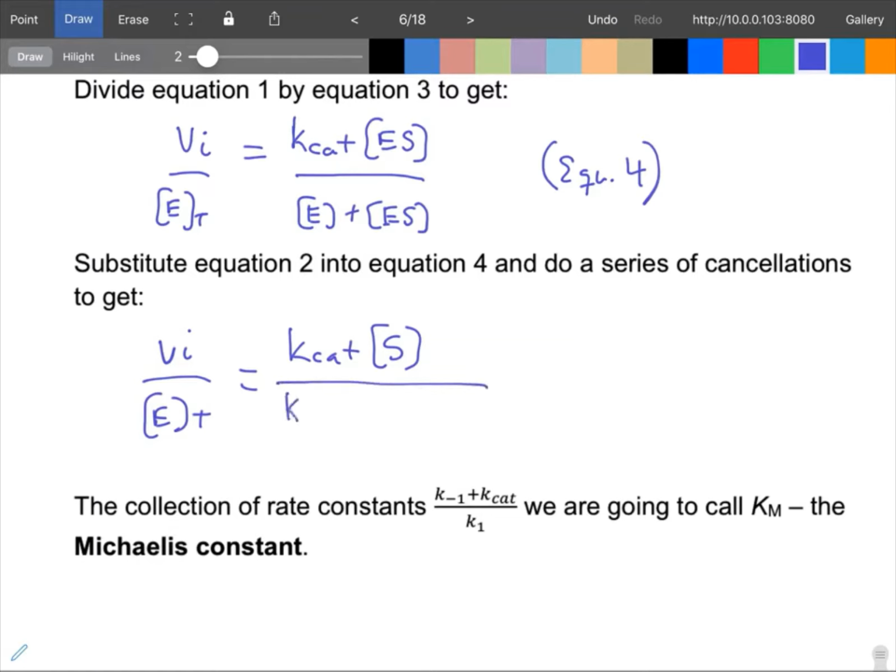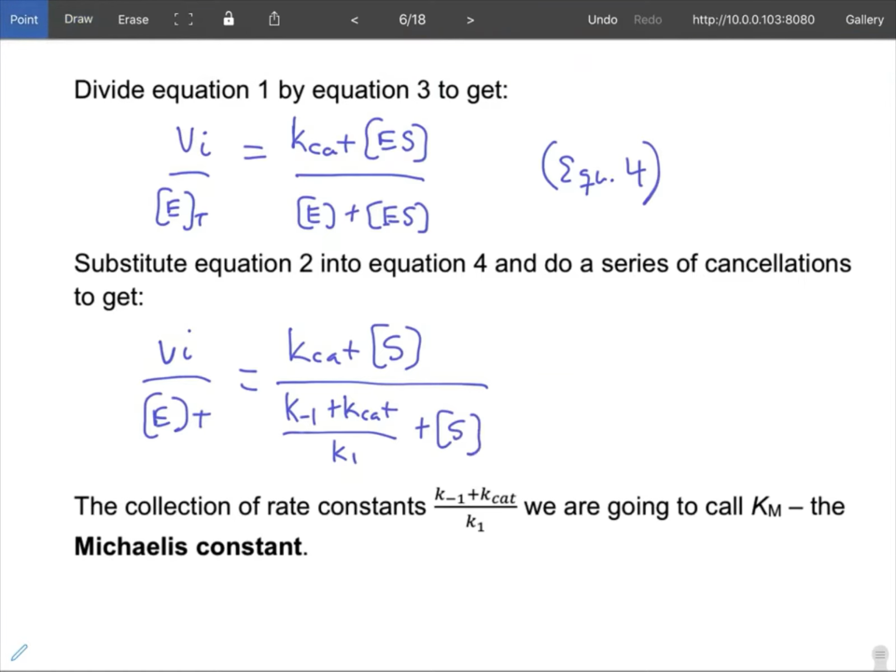And here we've got k minus 1 plus kcat, divided by K1, and plus the substrate concentration. So I left off a number of steps there. I challenge you to go through and try those cancellations on your own.